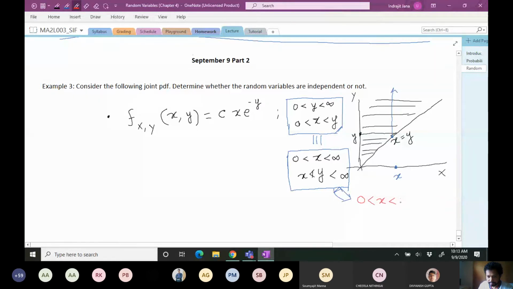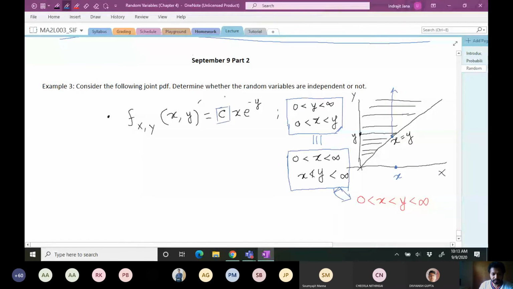Anyway, that was not the point of the problem. The point was to determine whether the random variables are independent or not. So first of all, let us figure out what this c is.